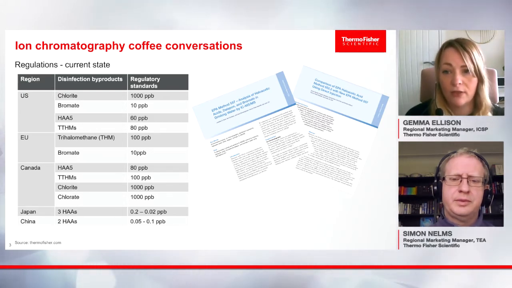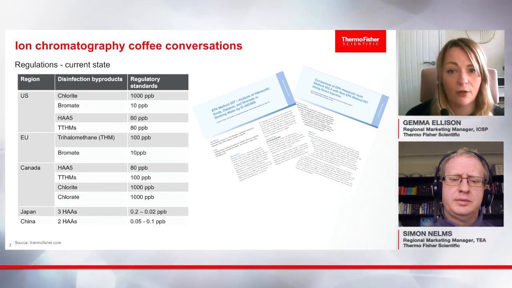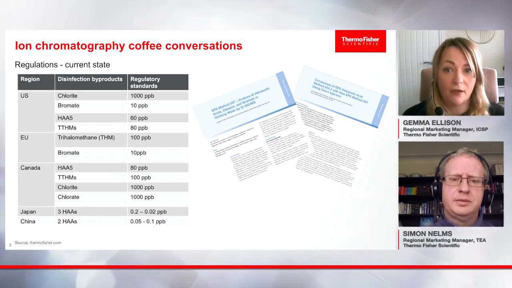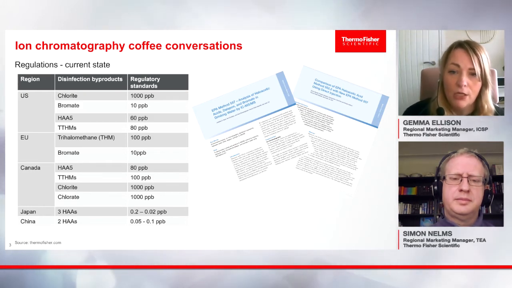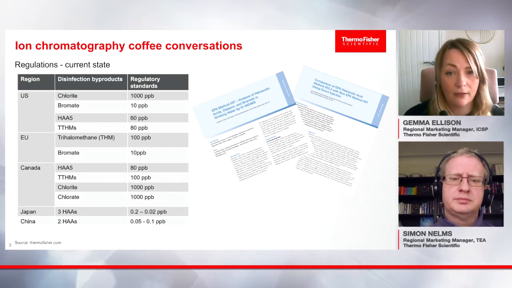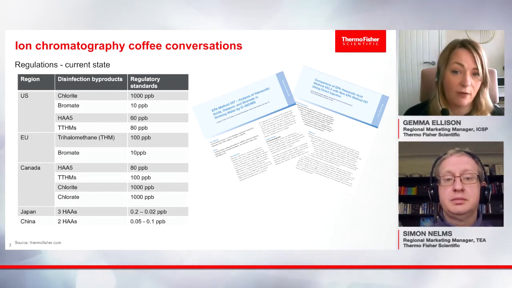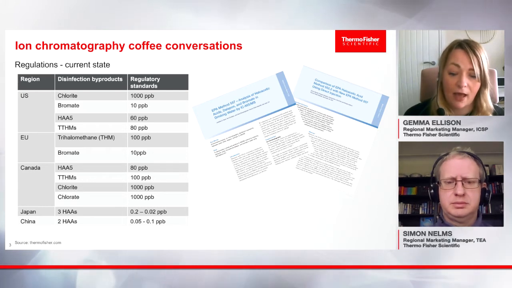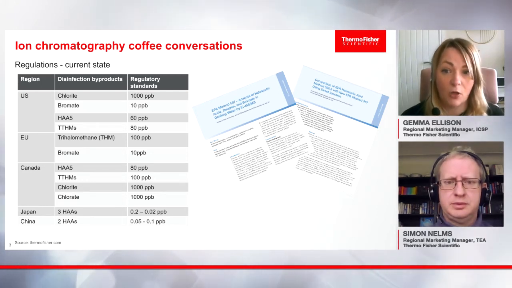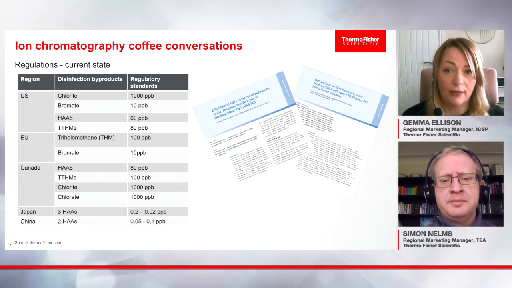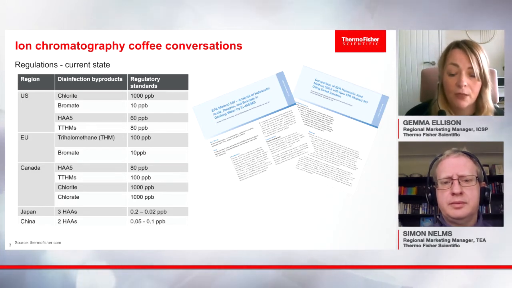These are currently regulated at a total level of the HAA5s of 60 micrograms per litre, as you can see from this table. The regulations around the world do currently vary considerably. For example, in Japan, they only regulate and monitor 3 HAAs, and China only regulates 2 of them, and they have individual maximum concentration limits as opposed to a limit of all of them together.